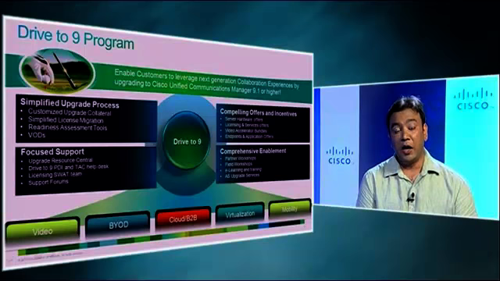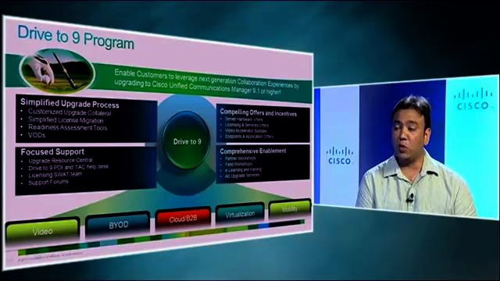In the licensing team, you can just reach out directly to the global licensing office team, where we have a SWAT team available to help you with all the licensing needs which might arise during the migration to 9.x Call Manager. At TAC level, when you're opening up a TAC case, you have a special sub-technology keyword named Drive to 9 Upgrade, which you can always use to open proactive TAC cases with the CUCM teams.